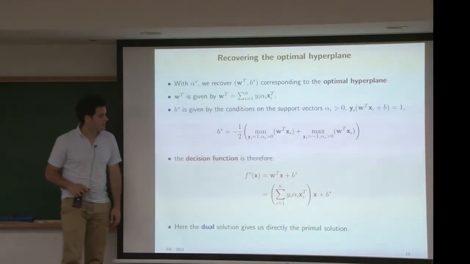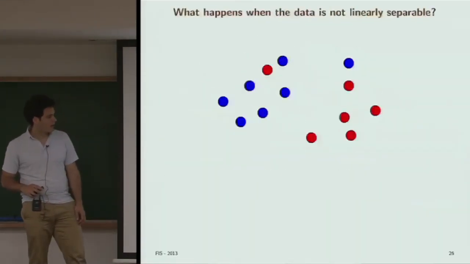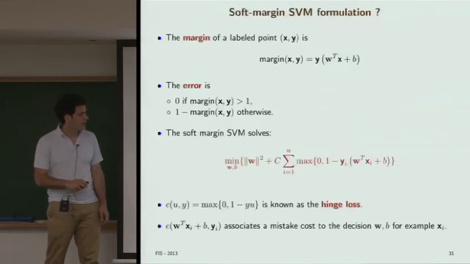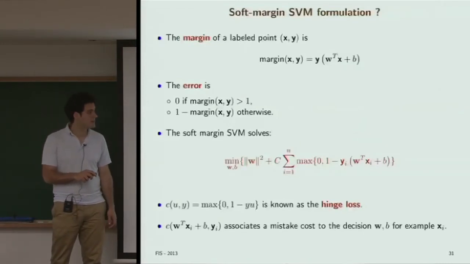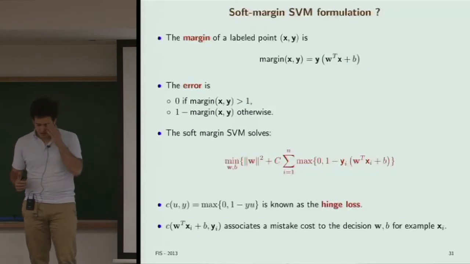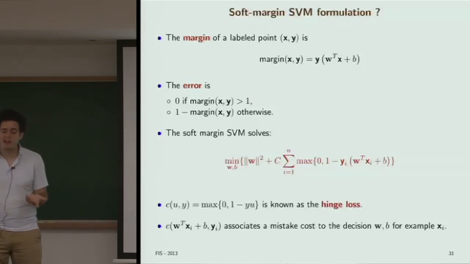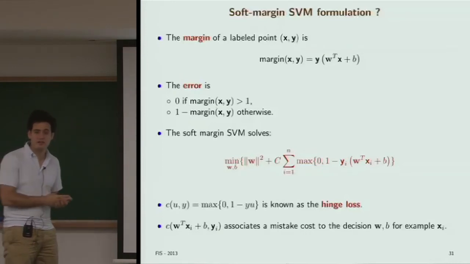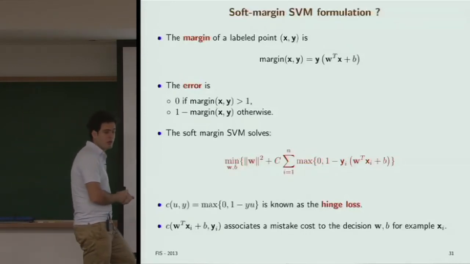So for any point, ideally we would like this margin here to be large. And we call this a margin because it's also a margin of error somehow. If the margin is very large, then we are pretty confident that the prediction is correct, and the hyperplane works well.